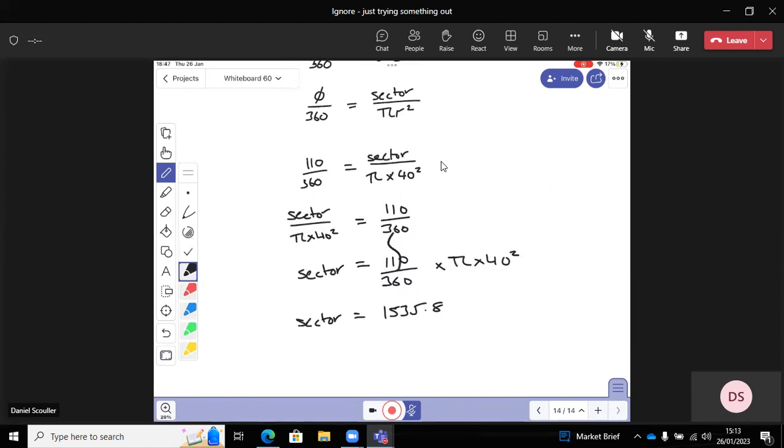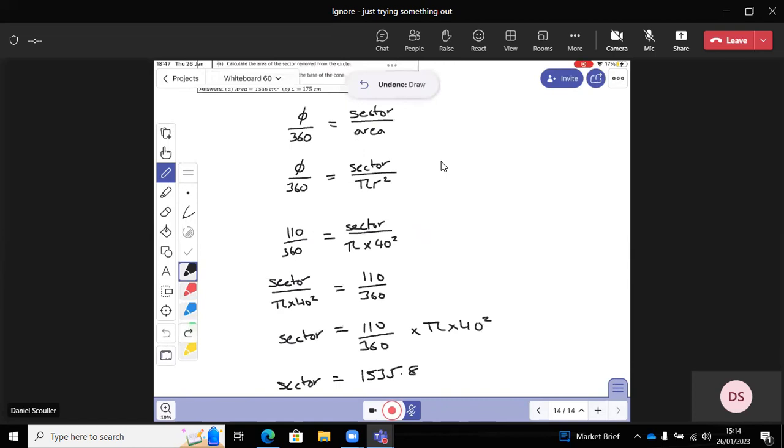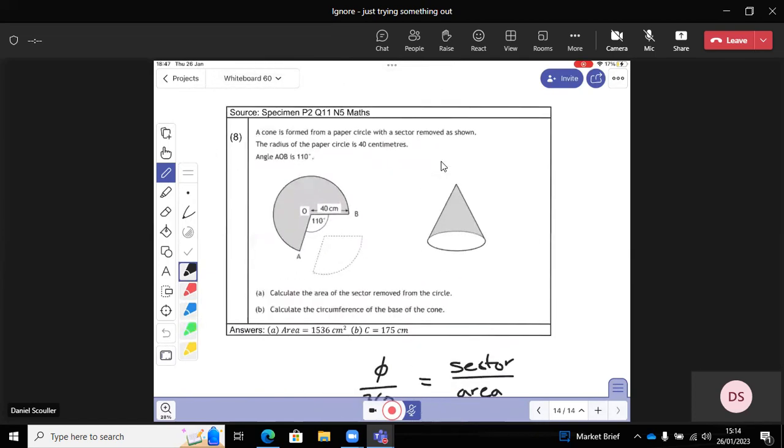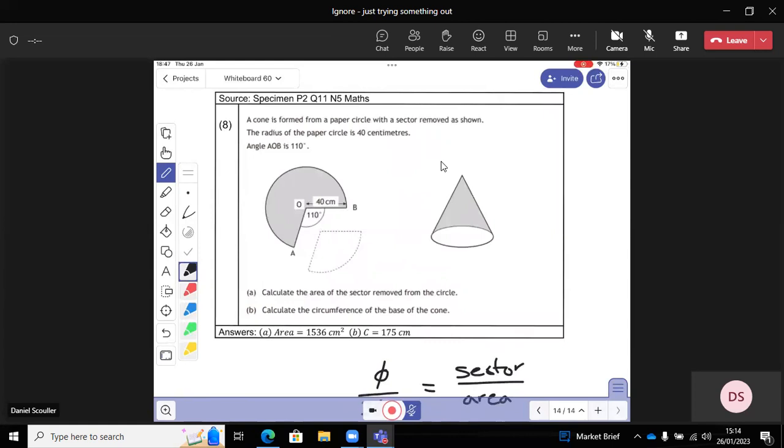I'm going to go back up to the question, and see if anywhere in the question it asks for significant figures, asks for decimal points, or asks for a format of the way it should be set out. Now in that question it doesn't, which I'm relatively surprised about. So if you write down the answer 1535.9 or 1535.89, that's correct as well. The answer they've given, 1536, they've just rounded up, so there's no decimal points.